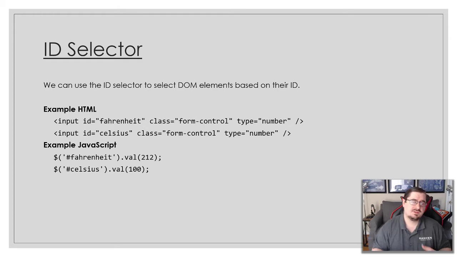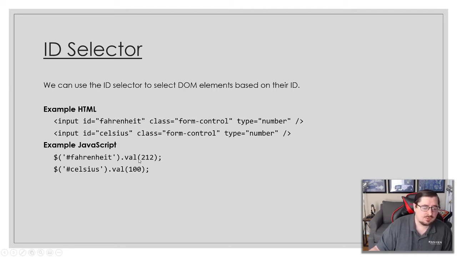Alright, so let's talk about how that might look when you want to use jQuery to select an item by ID. So if I've got a simple form with some simple form controls like this, I've got two inputs here. They're both number inputs. One is for Fahrenheit, one is for Celsius.